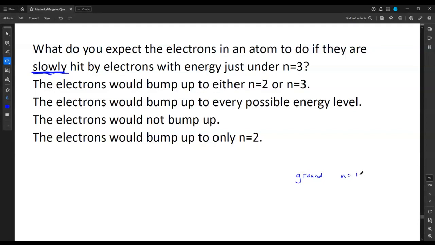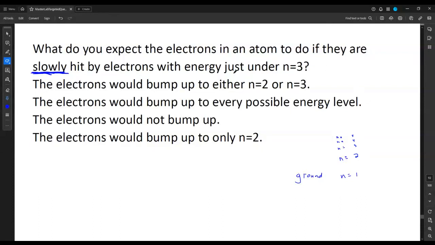Then in order to bring that electron up to a higher level to get more energy in the electron so that it can eventually do something with it, we would have to bump up to n equals 2 or n equals 3 or n equals 4. And at higher numbers, these get closer and closer together.